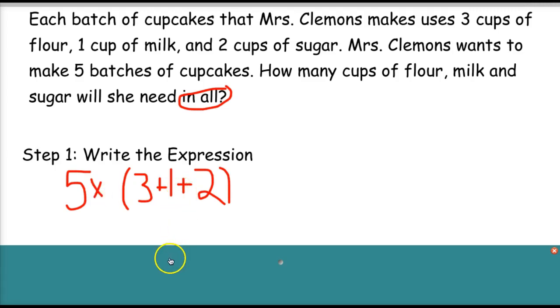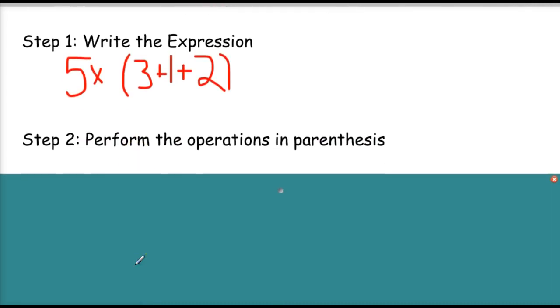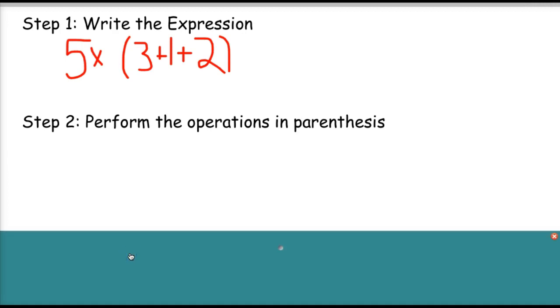All right, so my next step after this is then to perform the operations in parentheses, because remember, my first order of operation is always complete the operations in the parentheses. So that means I'm going to be doing my addition first. So in this case, 3 plus 1 plus 2 is going to be 6.